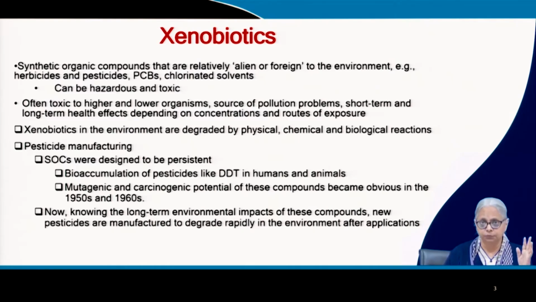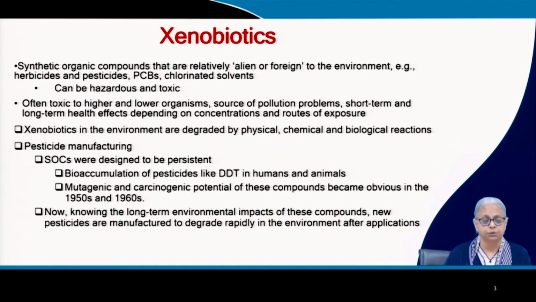So when a chemical is toxic, it's likely to be toxic to both higher as well as lower organisms. What matters is the dose, which I do not have time to go into at this point, but that's a very important part of exposure to xenobiotics. It's a source of pollution problems. Today we are worried about the pesticides in water.